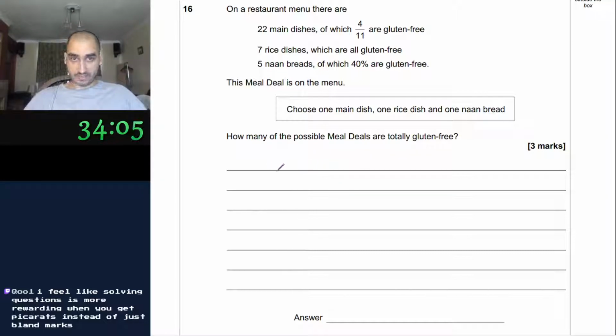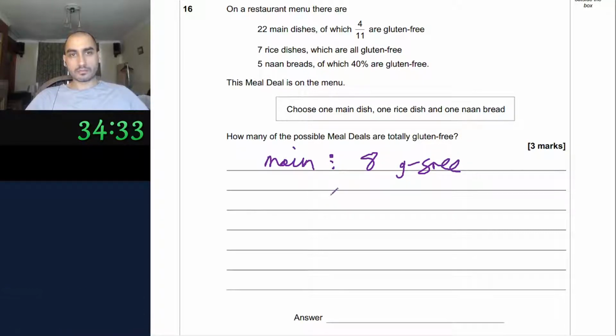How many of the possible meal deals are totally gluten-free? One main dish, one rice dish, one naan. So we're going to multiply them. Okay, so how many gluten-free? Main: 8 gluten-free. Rice: 7 gluten-free.